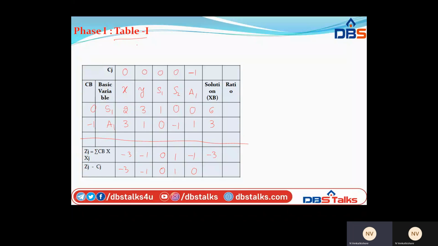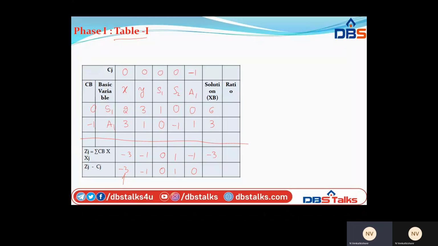Then the same simplex method, what do we have to do there? Take the most negative value. Most negative means the negative sign with the highest value. So minus 3, minus 1, 1. The positive values you just neglect, so try to see these carefully.